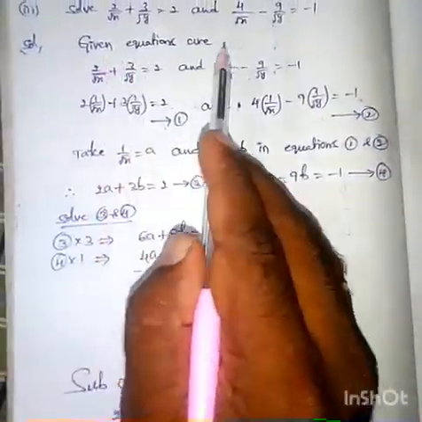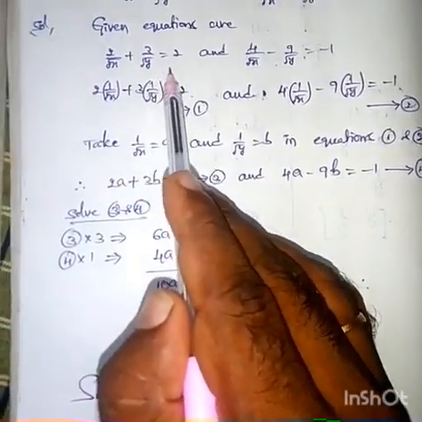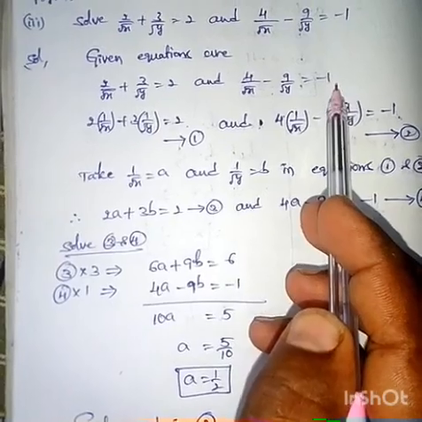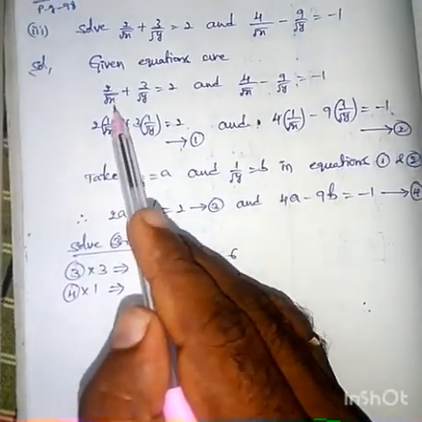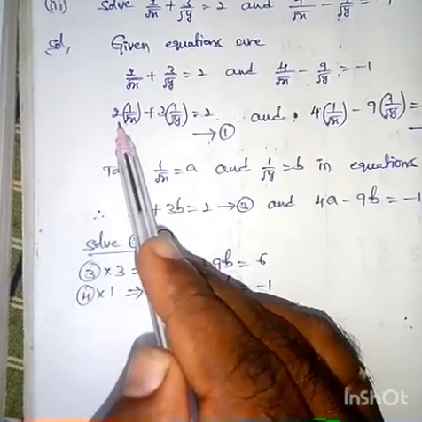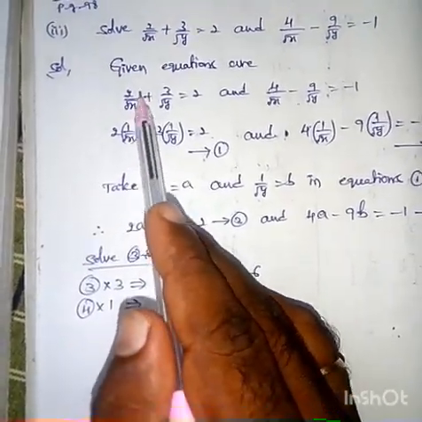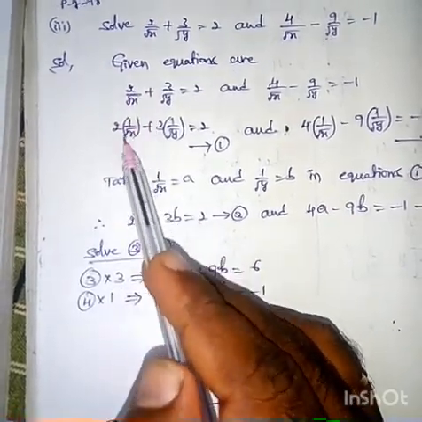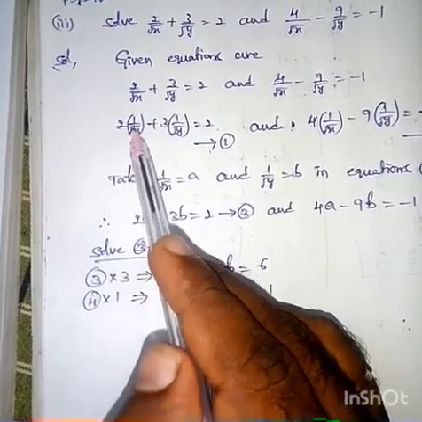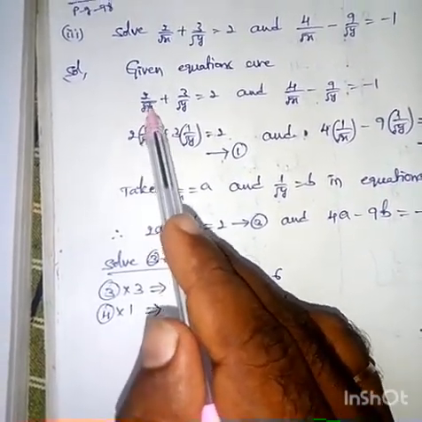First write the equations. The given equations are 2 by root x plus 3 by root y equal to 2 and 4 by root x minus 9 by root y equal to minus 1. We can write 2 by root x in the form of 2 into 1 by root x, because if we simplify this value, we get the result 2 by root x.